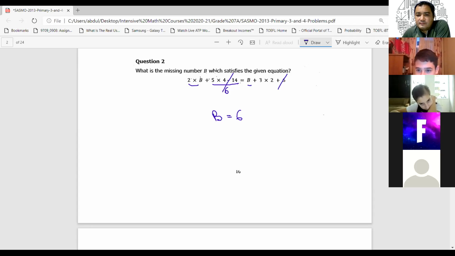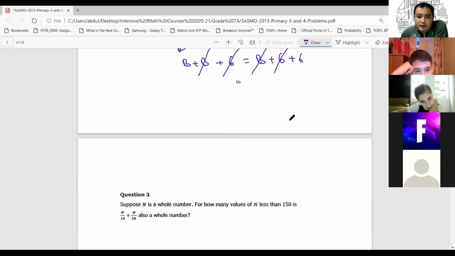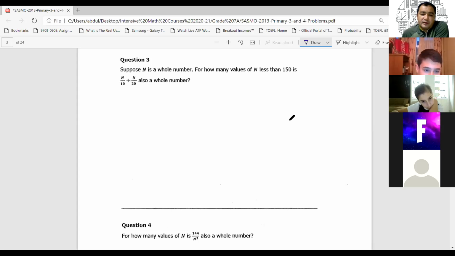What I'm doing here is 2 times b, which means b plus b. And 20 minus 14 is 6. On the right-hand side, we have b plus 6 and plus 6. So this b is gone. It's like a scale, right? And 6, 6 is gone. What is b? b equals 6. Okay, let's continue.